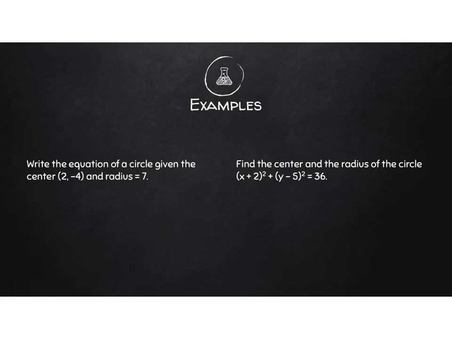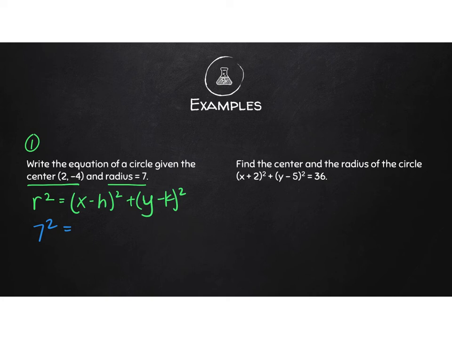Okay, so now let's look at some examples. So number 1, write the equation of the circle given the center is at 2, negative 4 and the radius is 7. So we're going to use our formula. R squared equals x minus h squared plus y minus k squared. We're going to substitute what we know. So we were given that the radius is 7. So 7 squared equals, our center is 2, negative 4.